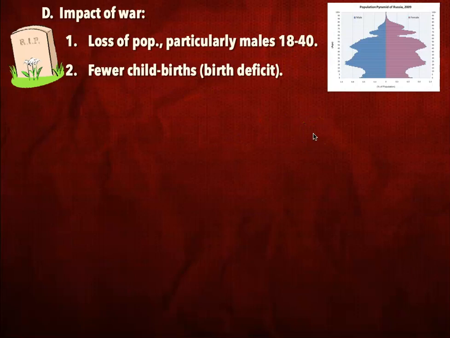Fewer childbirths, we talked about this as one of our definition terms. Whenever you see any kind of impact, and war does that, men are off serving at the front and so they're away from women, and so there are going to be fewer children because of that.